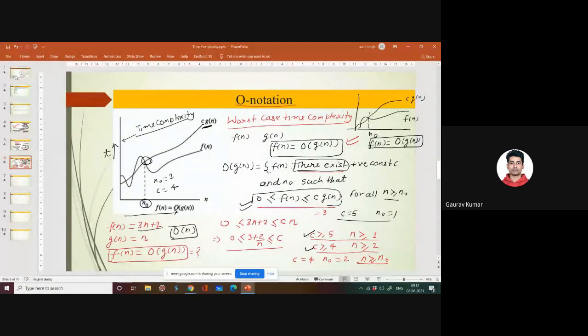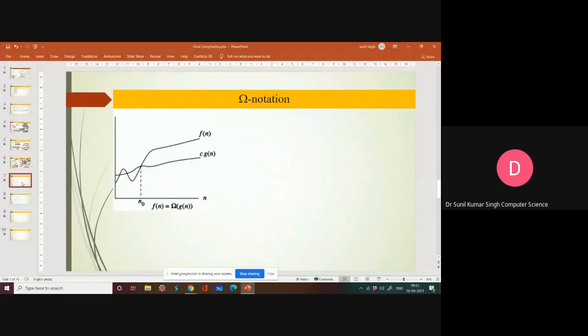Okay, sir. So this is about worst case time complexity, and let me tell you about omega notation. Omega notation is used to represent the best case time complexity.